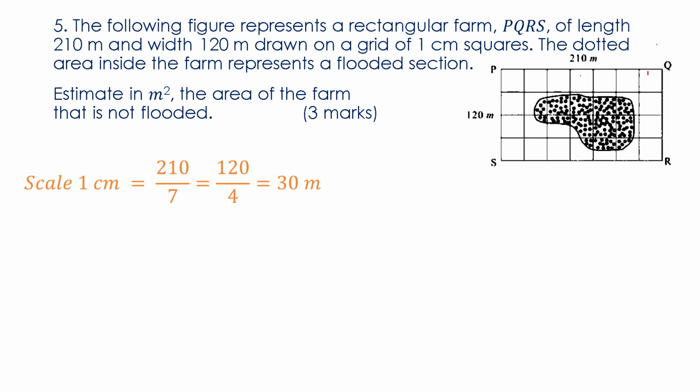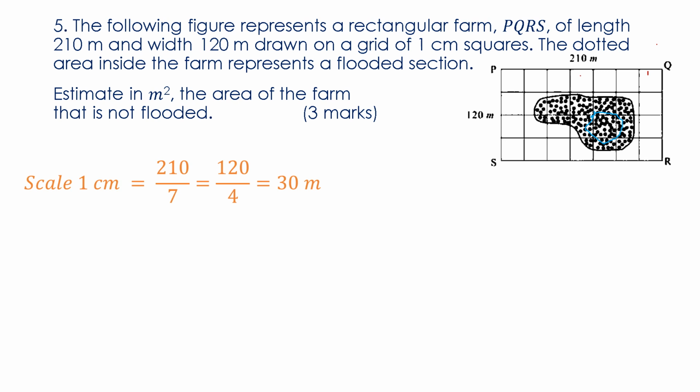Because the flooded area is an irregular shape, we can only estimate its area by counting techniques. In counting techniques, we count the number of complete squares covered by this area. As you can see, we only have one complete square here, then the rest are incomplete.